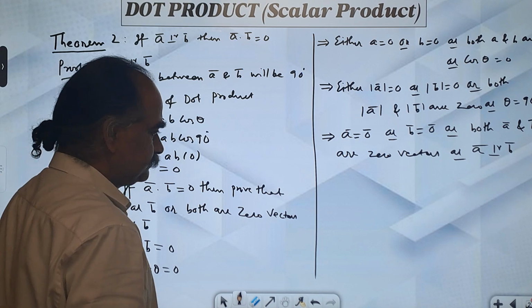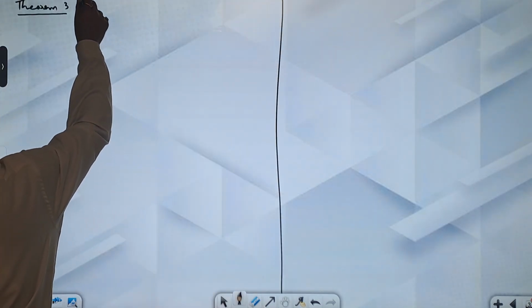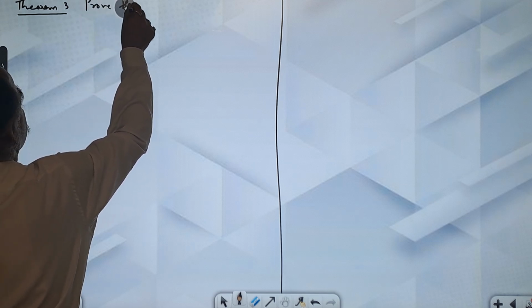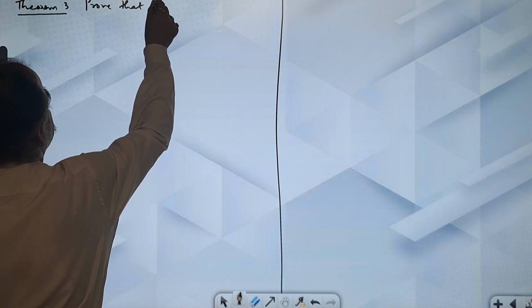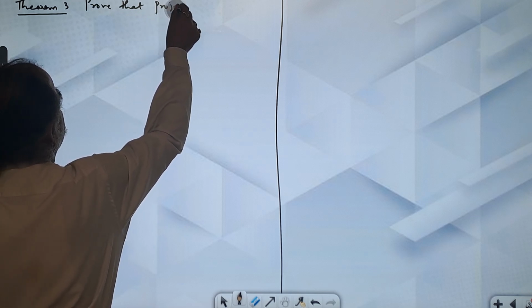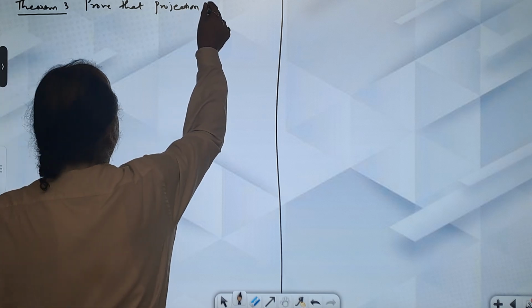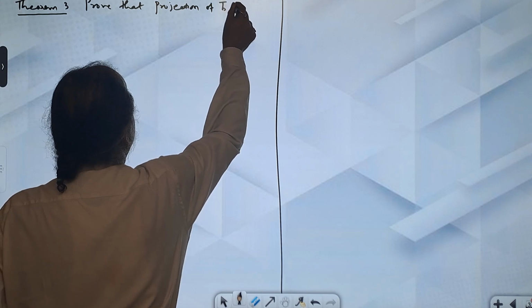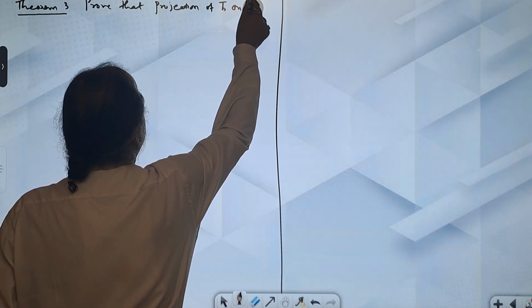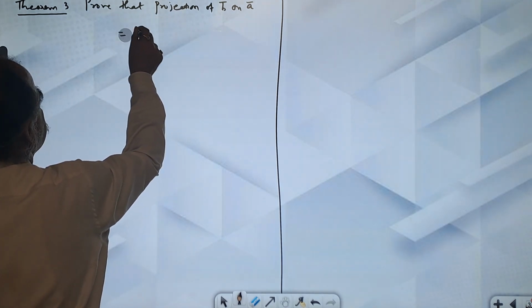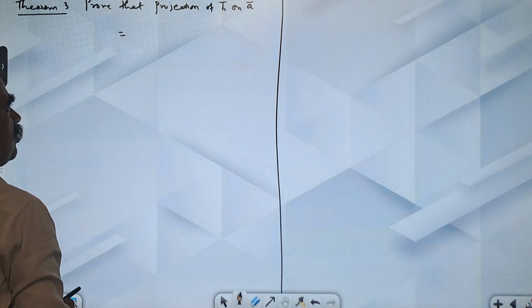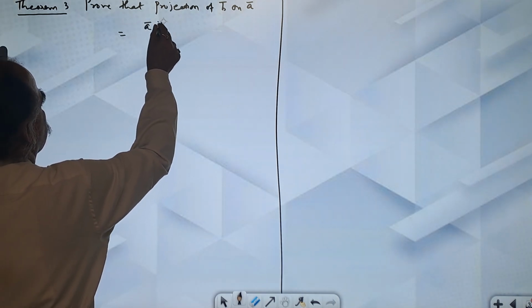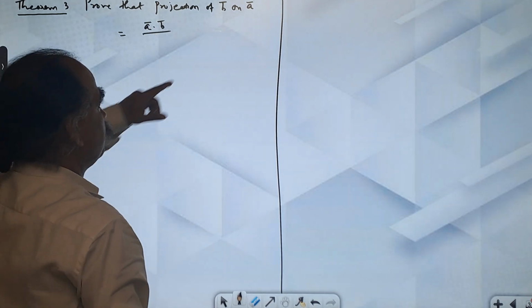Theorem 3 is prove that projection of B bar on A bar is equal to A bar dot B bar upon mod A bar.